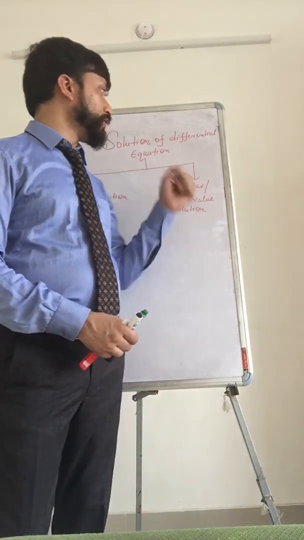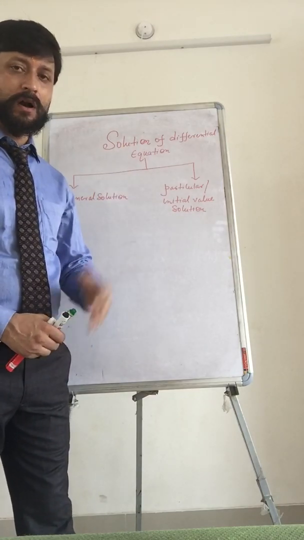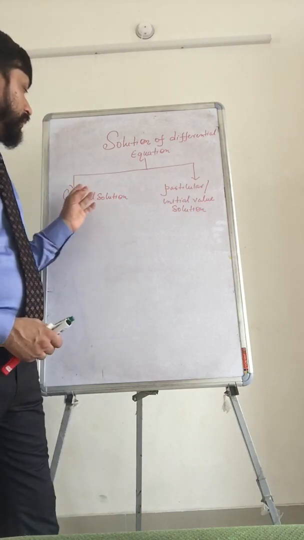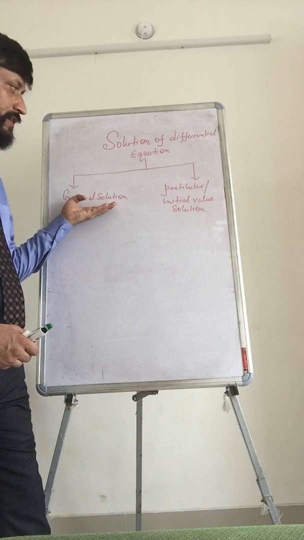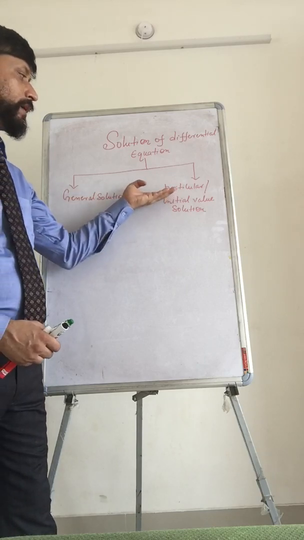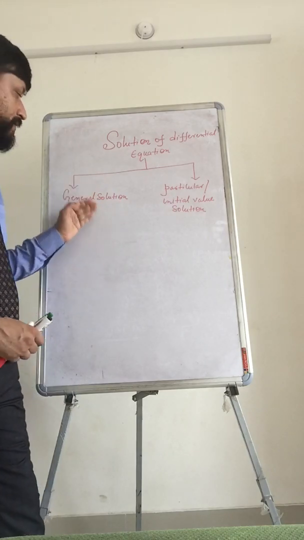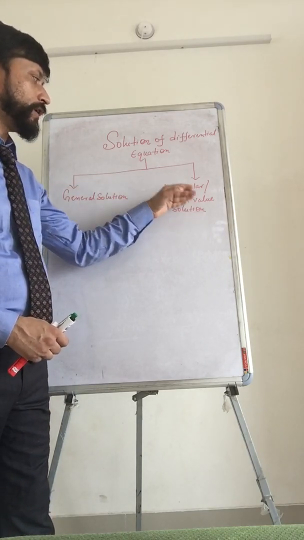Children, today I am going to teach you how to solve a differential equation, or how to find the solution of a differential equation. There are two types of solution. The first is called the general solution of a differential equation, and the second type is the particular or initial value solution. What is the difference between the general solution and the initial value or particular solution?